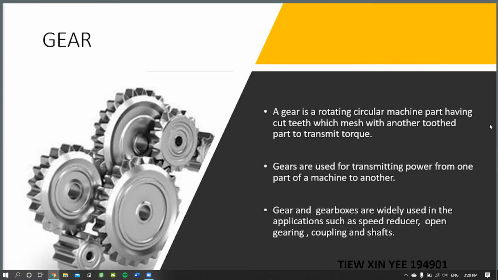Gears and gearboxes are widely used in applications such as speed reducer, open gearing, coupling, and shaft. Because the application of gear is pretty wide, it is a very important machine element in the food and biomaterial process industry.